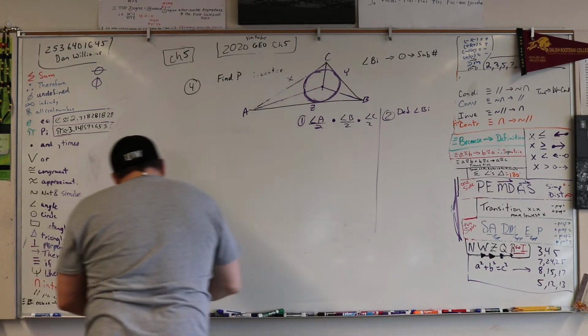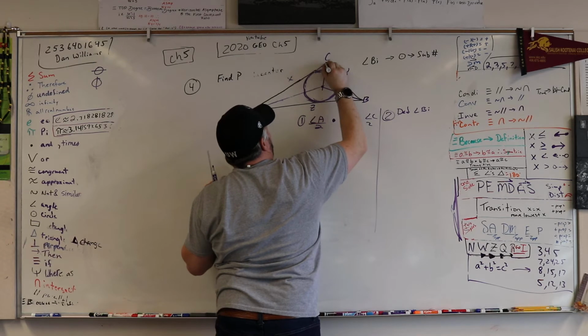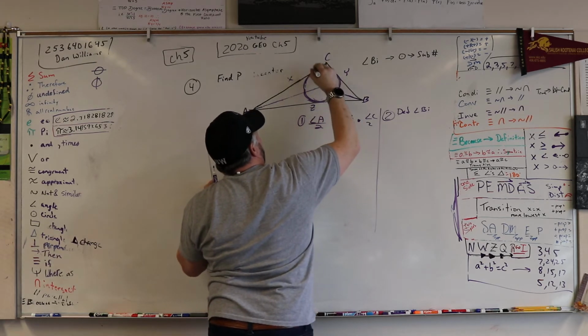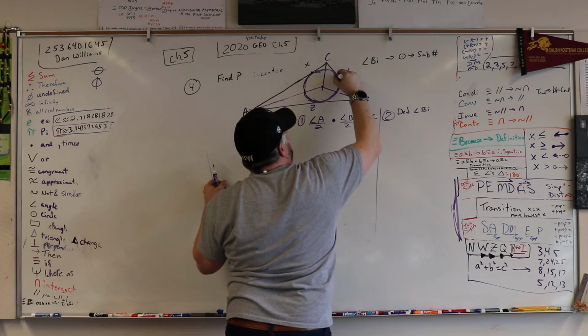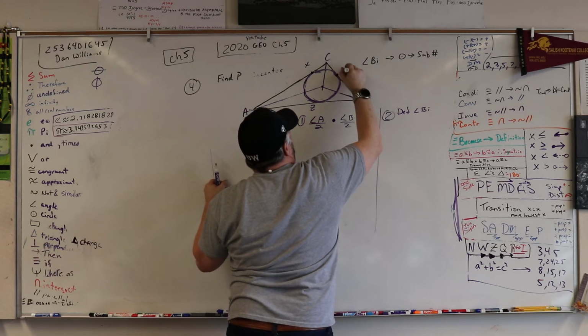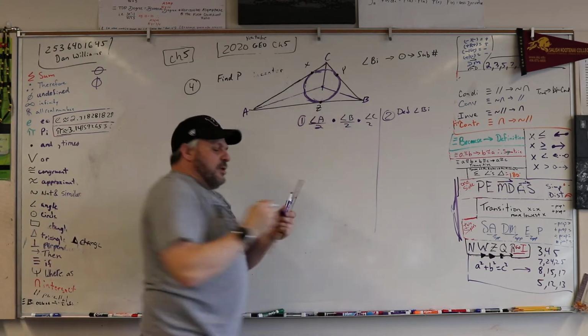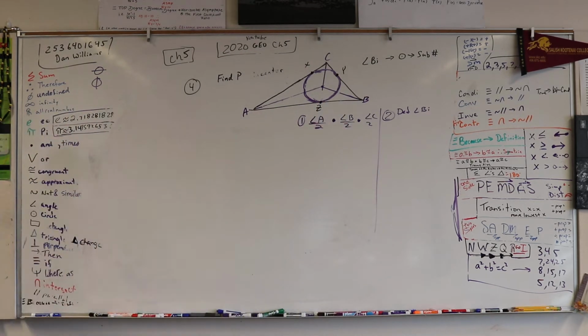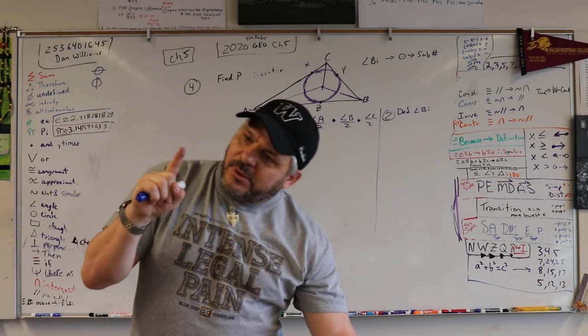Rewrite this. Sorry about that. Okay, and they're touching right at this point X, right at this point Y, and right at this point Z. And those are very important points, because think about a circle.